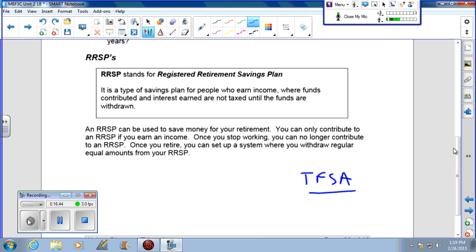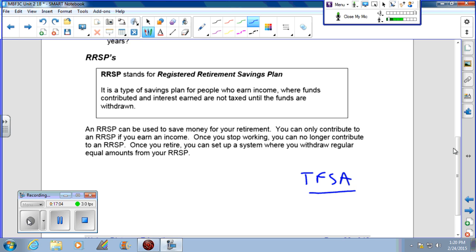So you save about $25 or $30, whatever your tax rate is, on that deposit. And the money goes into the RSP, it goes into different types of investments, and it makes money, and 20, 30, 40 years later, you start taking the money out.